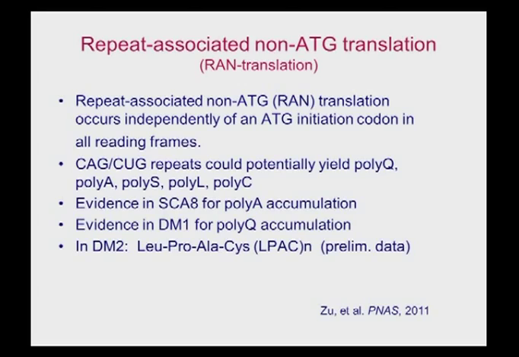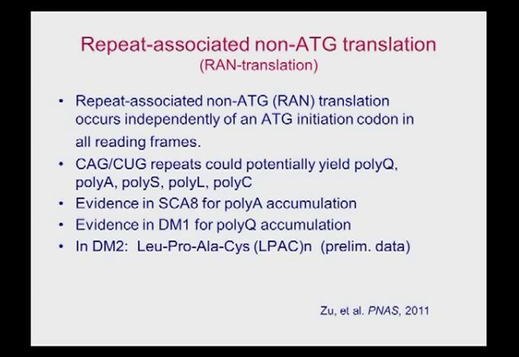But this is a concept known as RAN translation, or repeat-associated non-ATG translation. And the idea is that in these sort of hairpin-like loops, you can actually have initiation of translation that randomly starts. So depending upon which nucleotide it starts at, you can be in 3 different frames. And actually, if you have it going in the antisense direction, you could have 3 additional different frames.